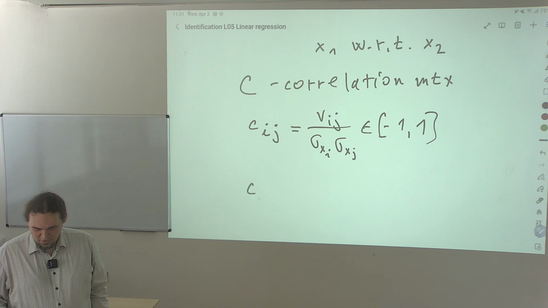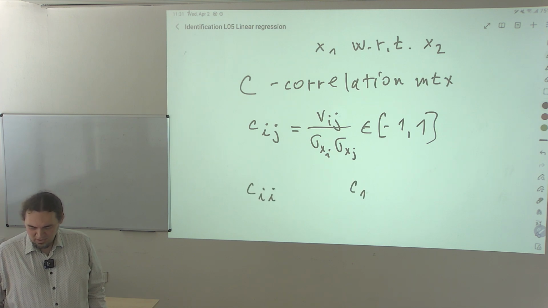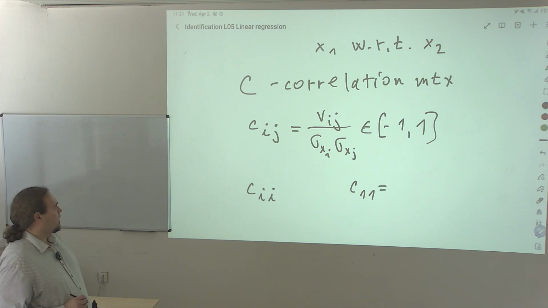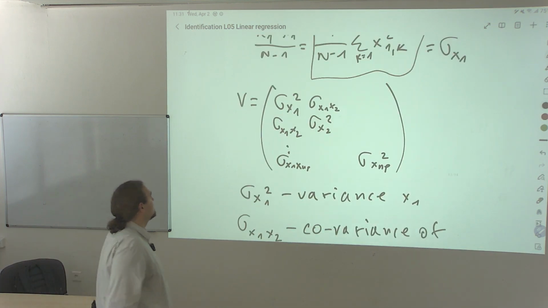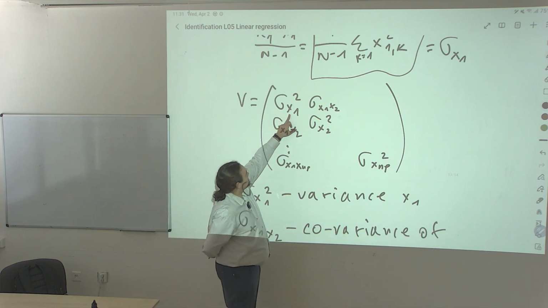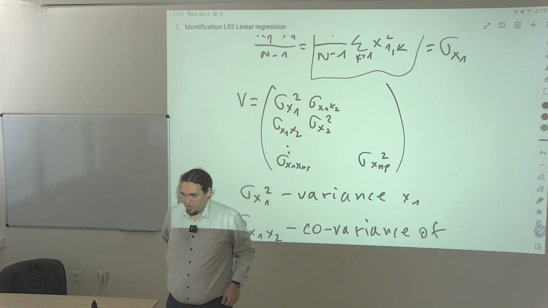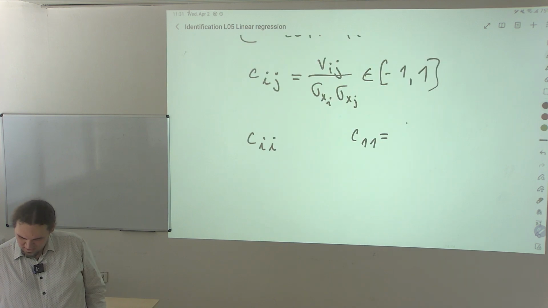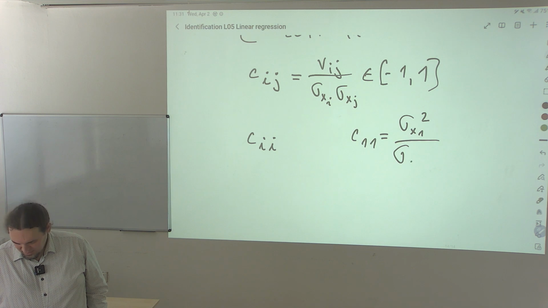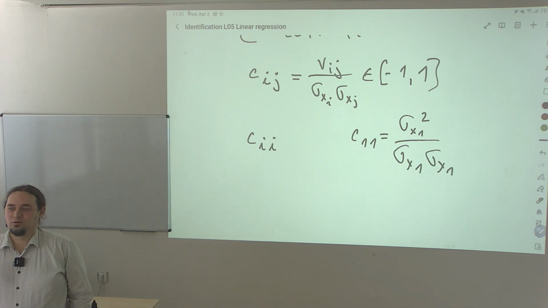Of course, if we take diagonals, let's take the example of C11. We take sigma squared of x1, the variance of x1, and divide by the standard deviation of x1 times the standard deviation of x1. What do we get?